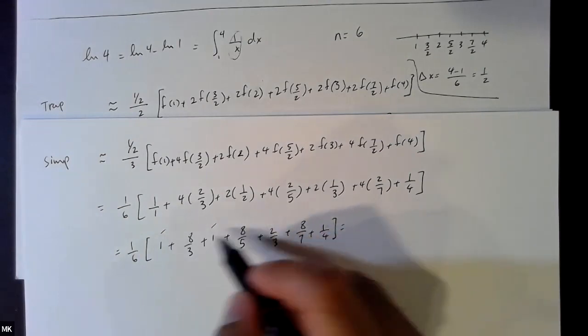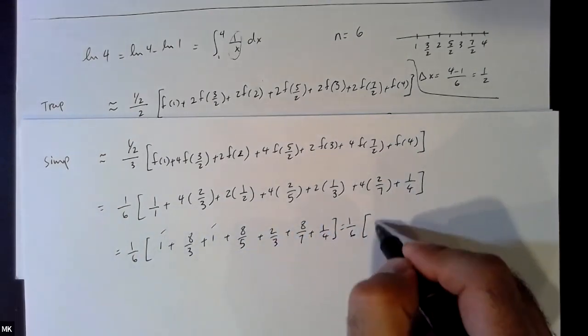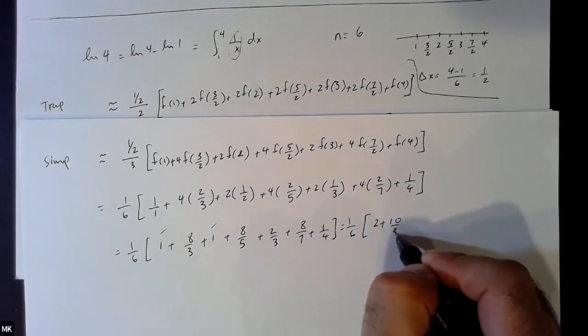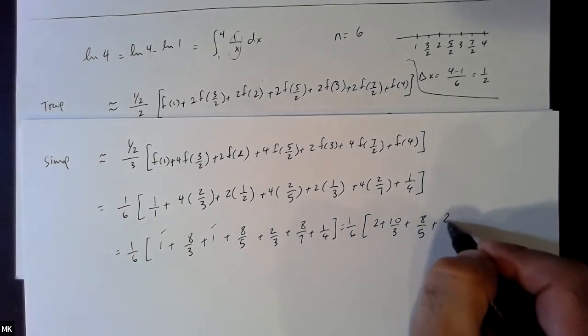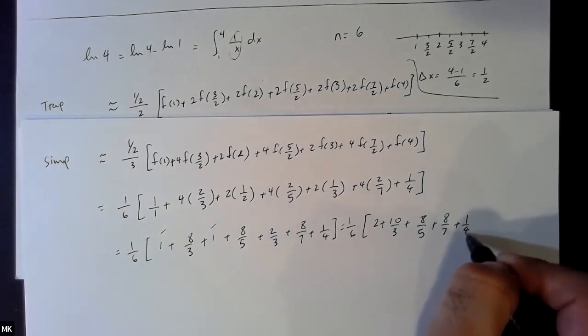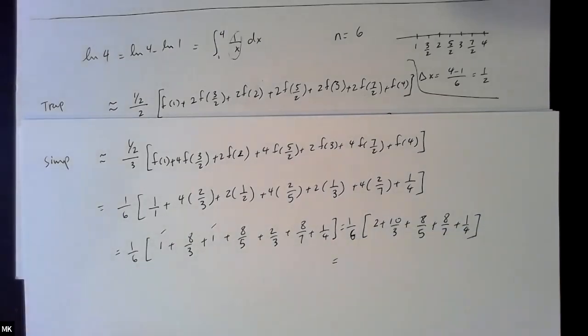1 plus 1 is 2, 8/3 and 2/3 is 10/3. Then you have 8/5, 8/7, and 1/4. Once again, I'm going to use my calculator.